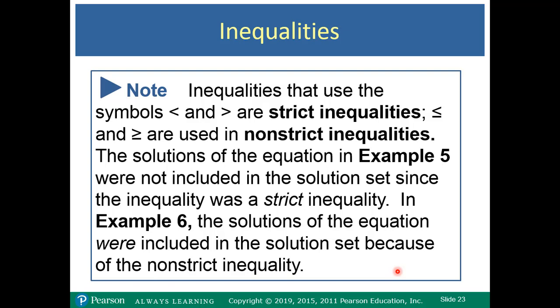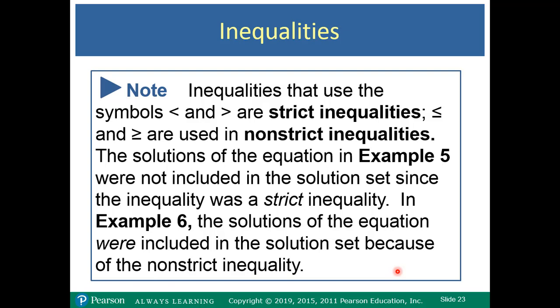Inequalities that use the symbols less than or greater than are called strict inequalities. If you have the equal sign with it, like less than or equal to and greater than or equal to, these are called non-strict inequalities. The solutions of the equalities in example 5 were not included in the solution set since the inequality was a strict inequality.